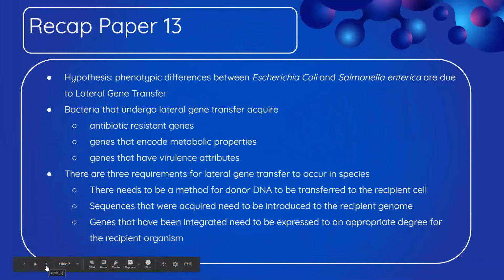Bacteria that undergo lateral gene transfer acquire genes that are antibiotic resistant, encode metabolic properties, and have virulence attributes. However, in order for lateral gene transfer to occur, there are 3 requirements that must be met. These requirements are having a DNA transfer method from donor to recipient. Then the sequences that are acquired need to be integrated into the recipient genome. And once integrated, the genes need to be expressed properly.